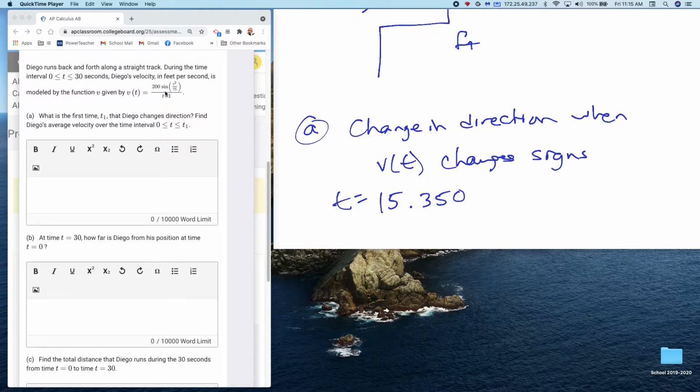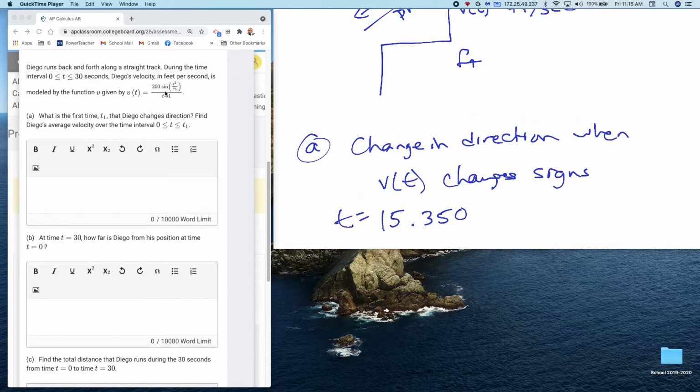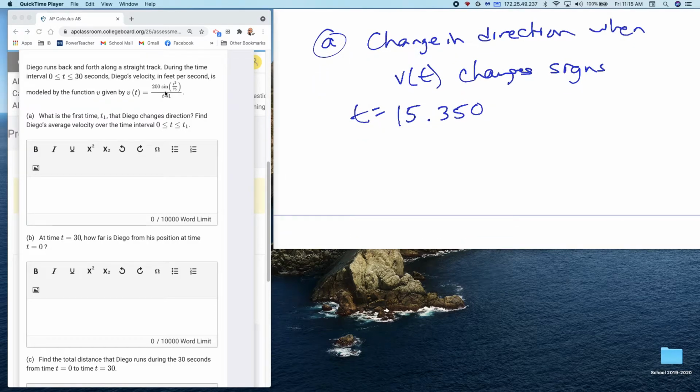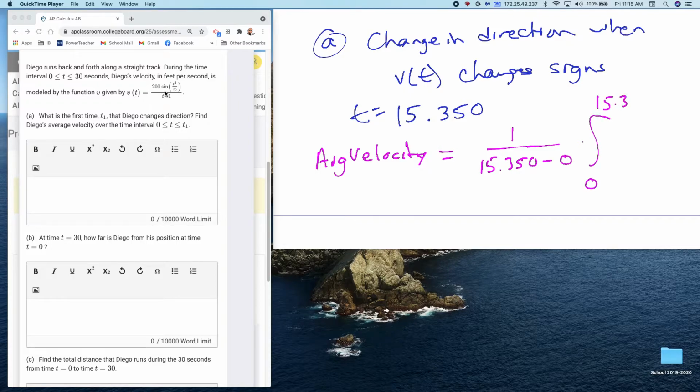It says, find the average velocity over that time interval. So to find the average velocity, we're going to use the average value of a function, which is 1 over 15.350 minus 0 times the integral from 0 to 15.350 of the velocity.